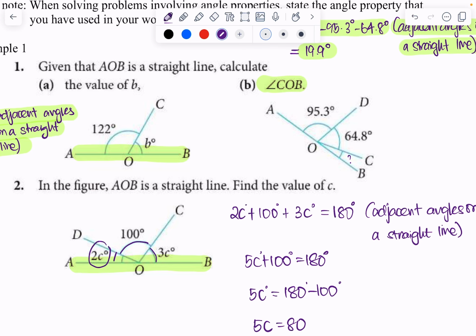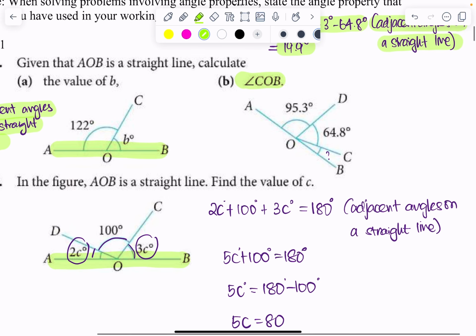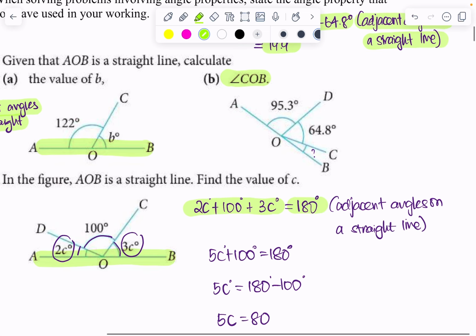The 2C is unknown, 3C is also unknown. However, because we know the three angles here would add up to 180 degrees, we are now able to form an equation. 2C plus 100 plus 3C must be equal to 180 degrees. Now we are able to form this equation because of the property adjacent angles on a straight line.